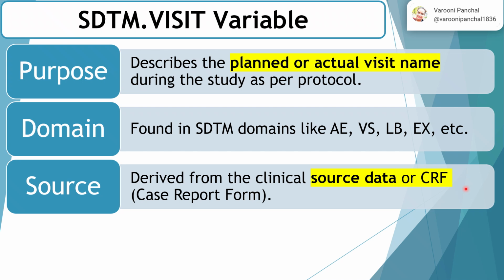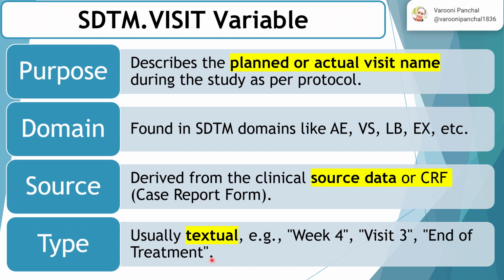So usually the data for this SDTM.VISIT variable is derived from the clinical source data collected in the case report form. Whatever data is collected in the case report form is entered in the database, and that database is your raw data.